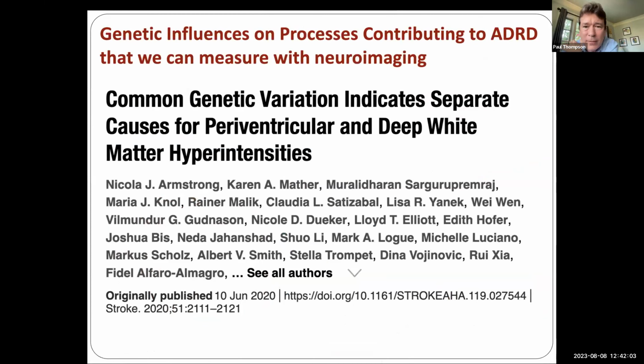Now, I'd be remiss if I just stuck with anatomical MRI. CHARGE has been looking also at component processes in dementia that are evident on brain imaging. This one looks at evidence of cerebrovascular disease. Many analyses in CHARGE have been looking at this.